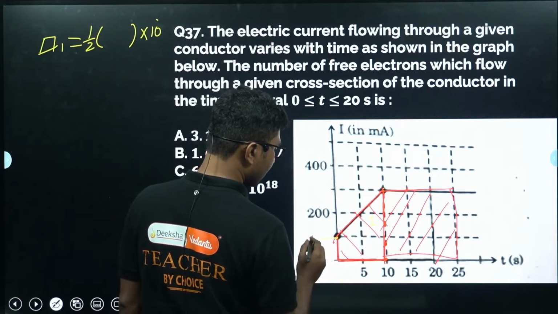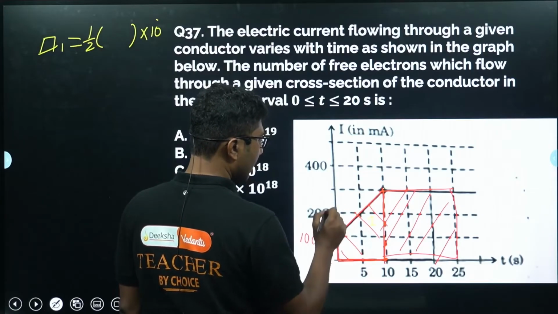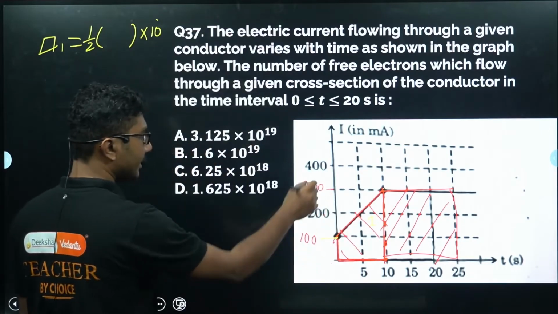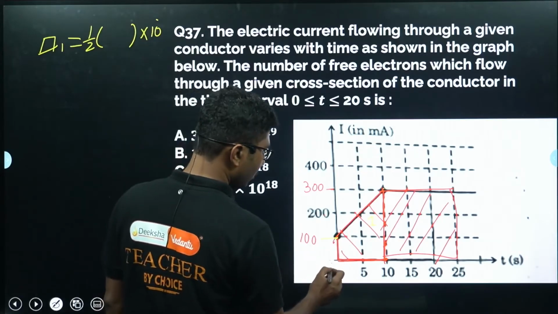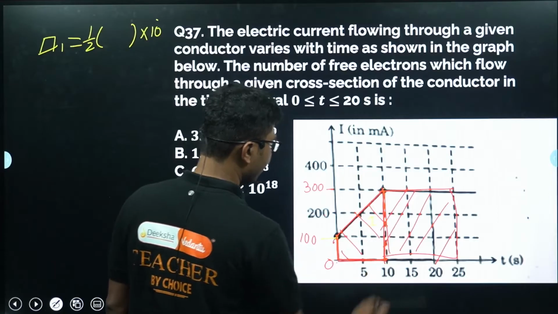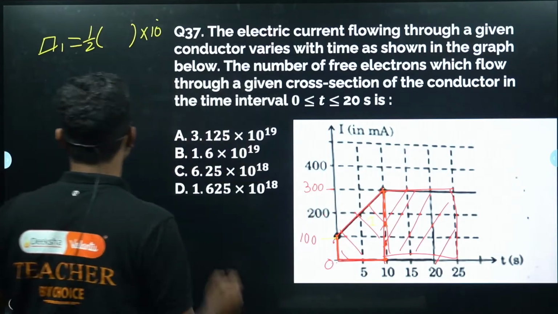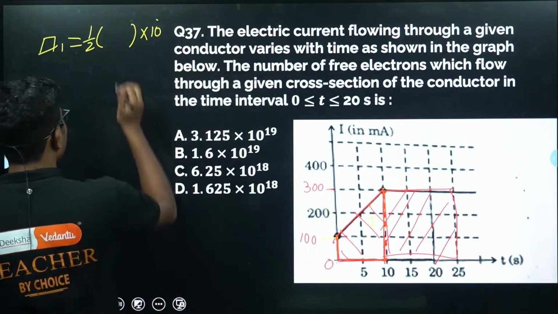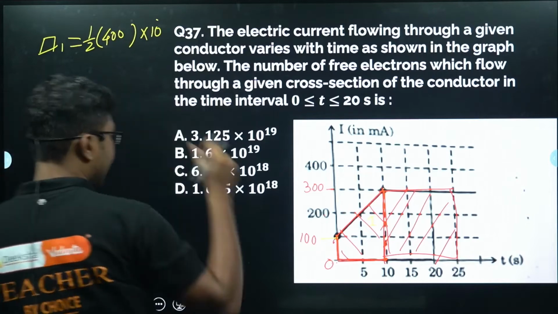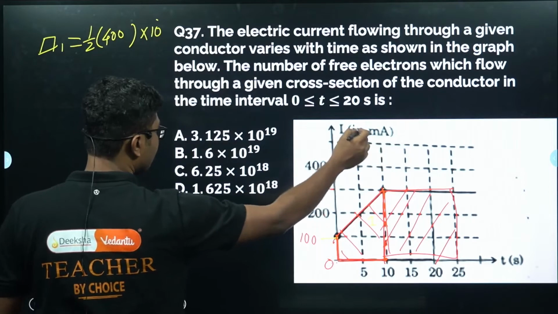So this one is 200, this one is 0, so this must be 100, and this one should be 300, right? So this plus this is 100 plus 300, that is 400.